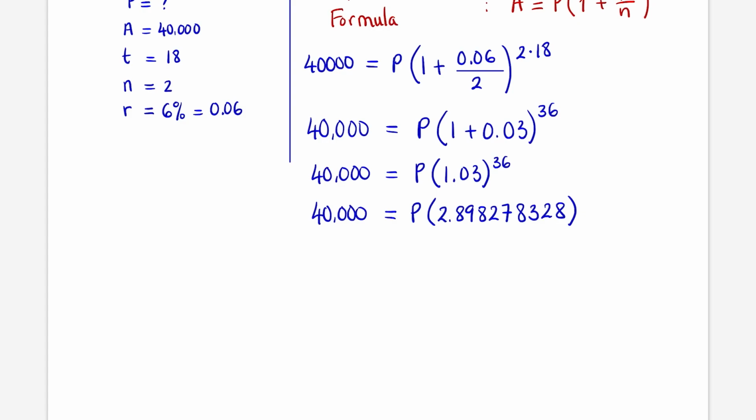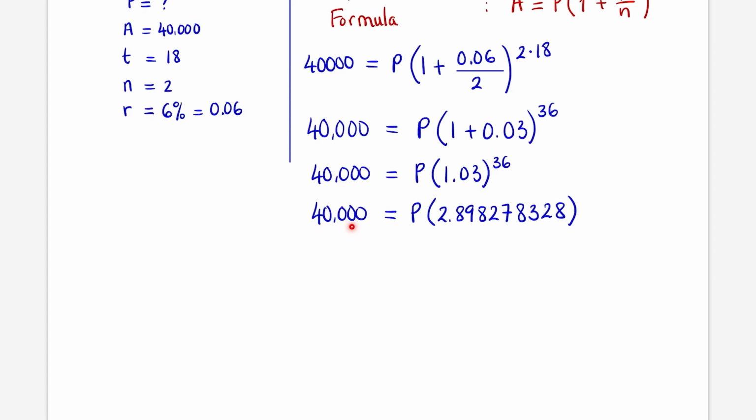Notice, I'm not rounding my number here because this is not my answer yet. I only allow myself to round at the very last step. I'm not rounding in between my calculation. So that's why I carry all of the digits that I see in my calculator. Again, if you round it here, your answer will be a little off and you do not get the right answer. So I carry every digit I have here.